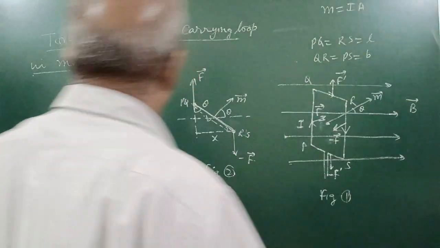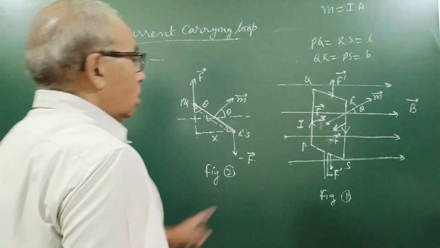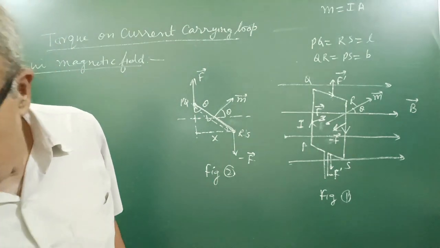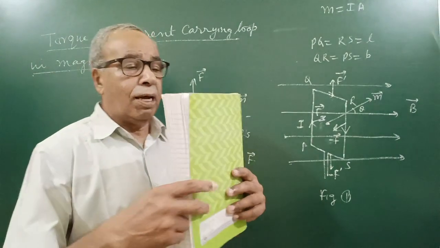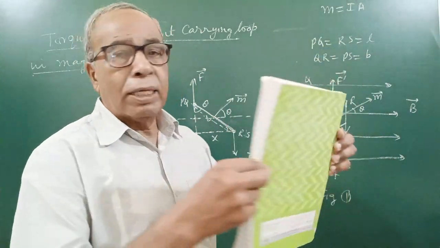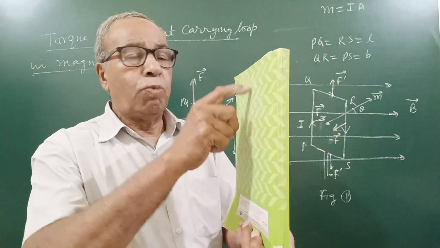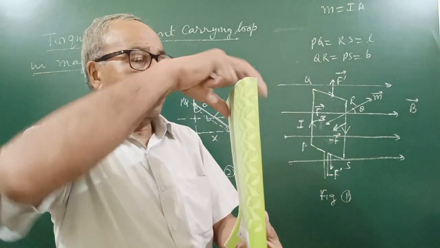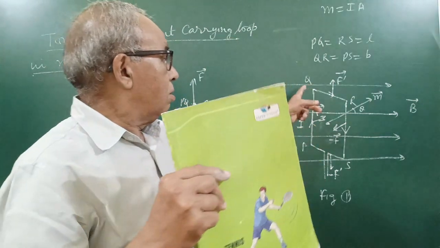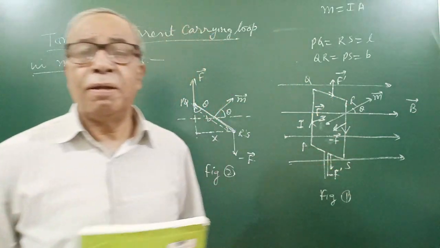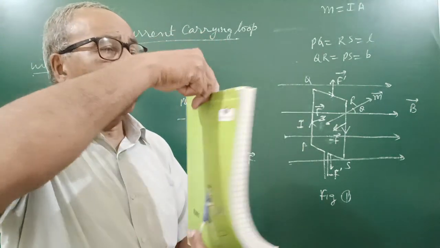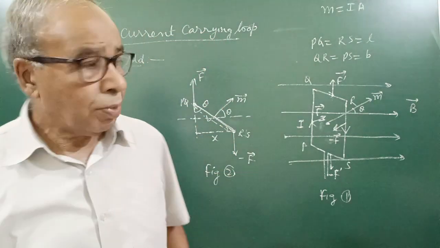So here this current loop, sides PQ and RS remain perpendicular to magnetic field always, whatever the orientation is. Whatever the orientation of this loop, these sides always remain perpendicular, and the direction QR and PS may be perpendicular, may be parallel, or any other angle also.